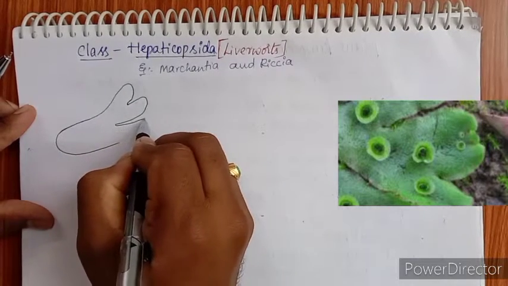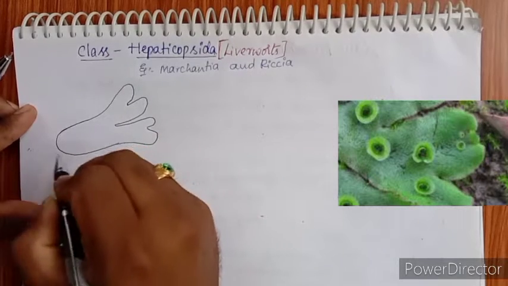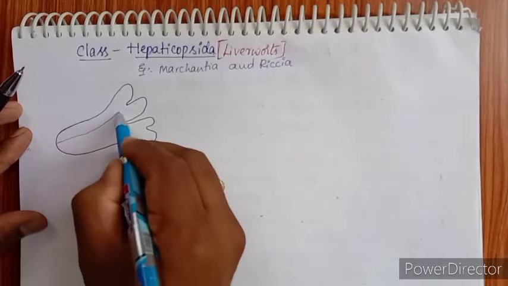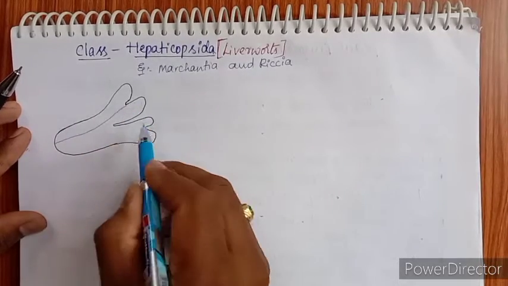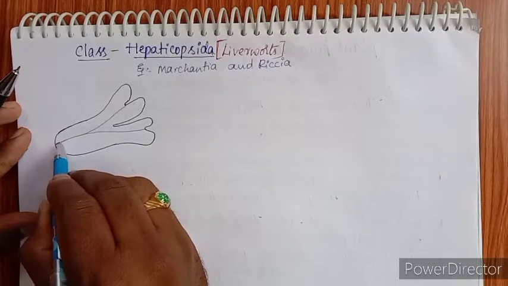That is the thalloid plant body, and it shows dichotomous branching. See, two branches. This is what we call dichotomous branching.